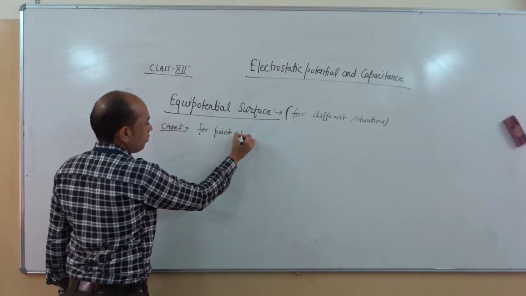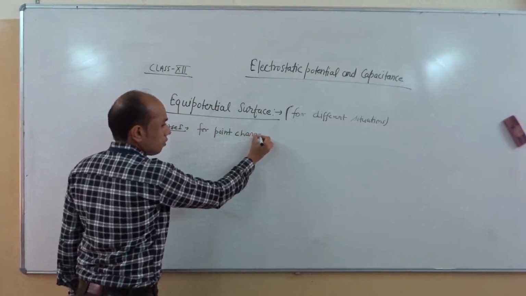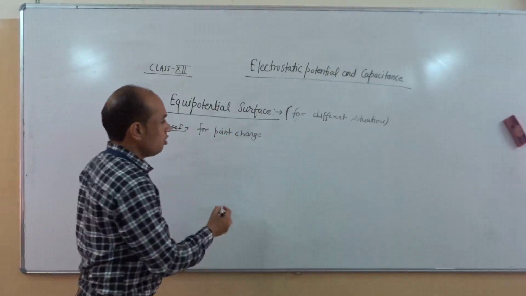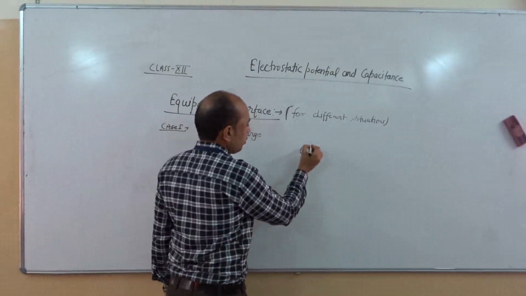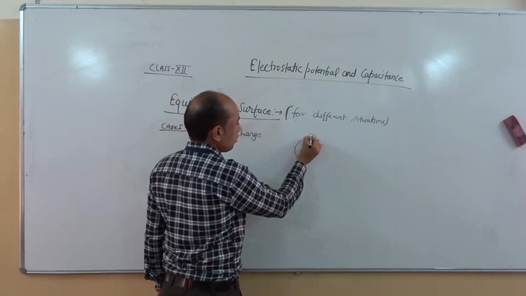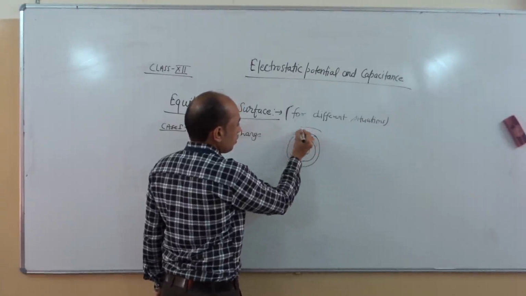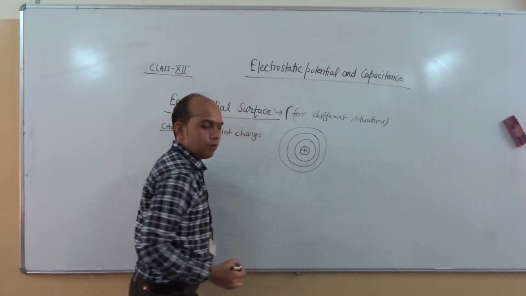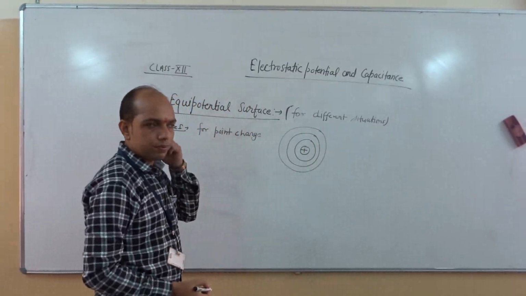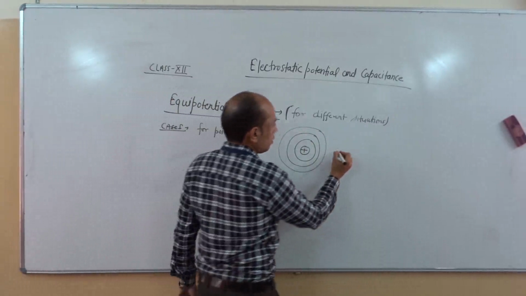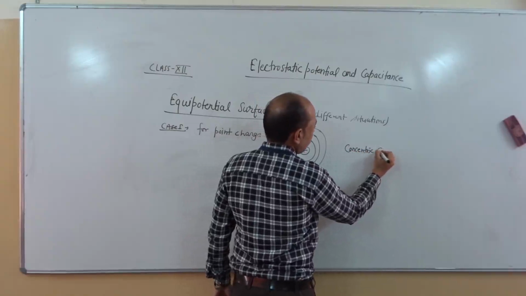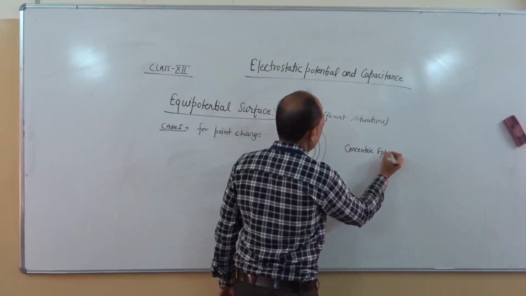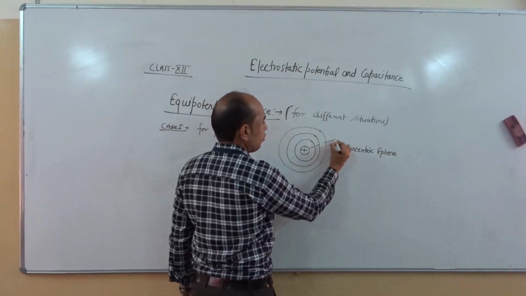For a point charge, concentric spheres show the equipotential surface.